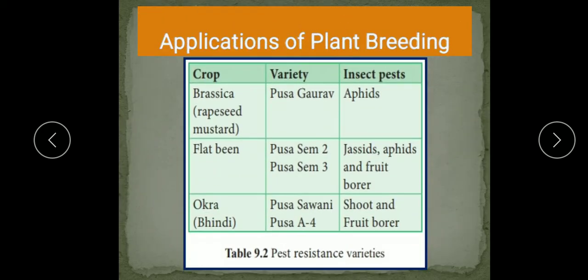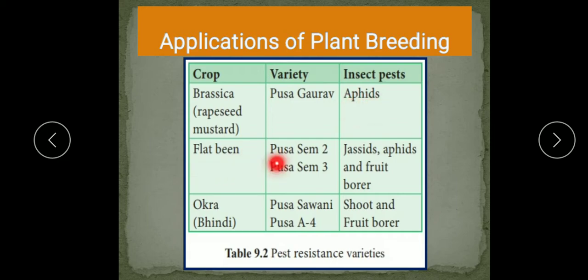Now, another aspect: some varieties which are resistant to insect pests. Pests are insects which feed on different parts of the plant and do not allow them to develop properly. So what are these crops? Brassica, that is mustard, its variety Pusa Gaurav, is resistant to aphids.